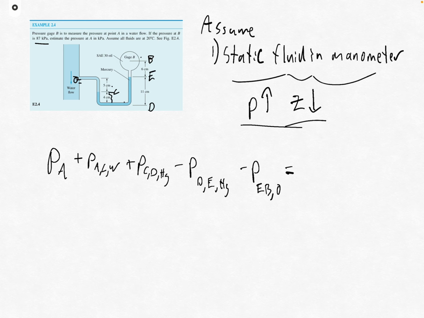All of that is going to be equal to our pressure at B. So if we take our pressure at A and wind our way all the way through this manometer, we should get right back to this pressure at B.